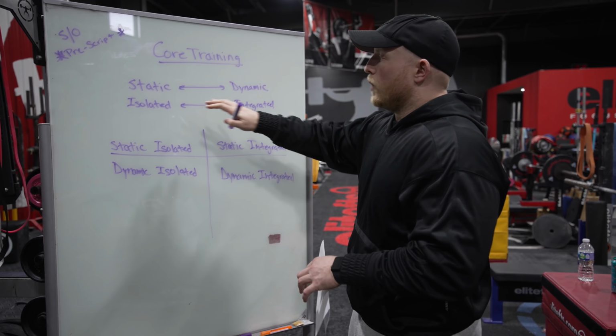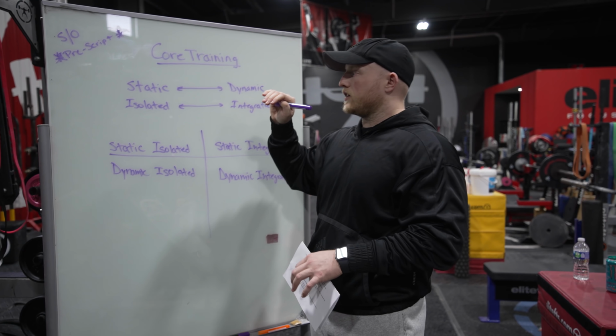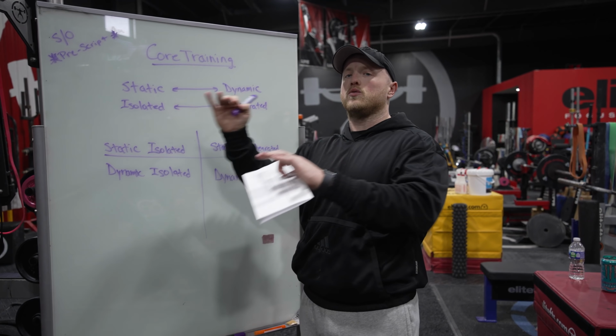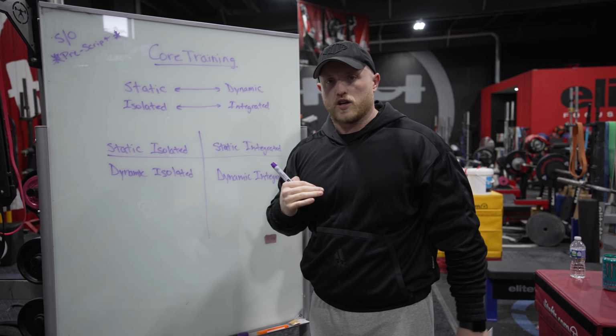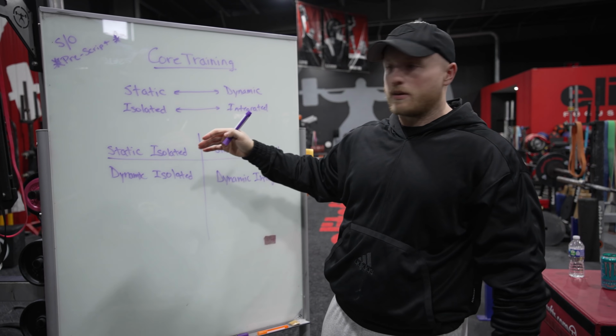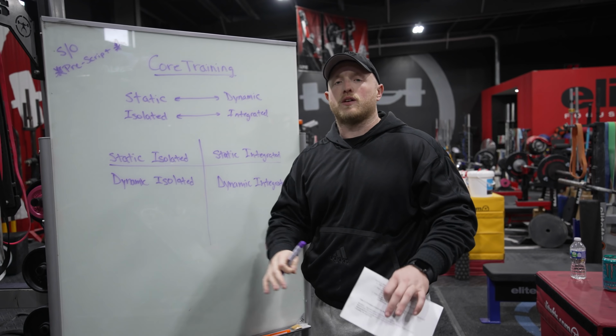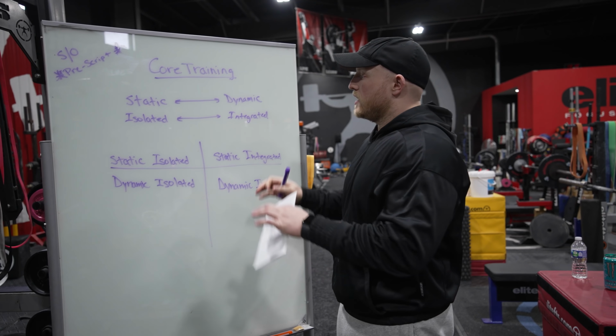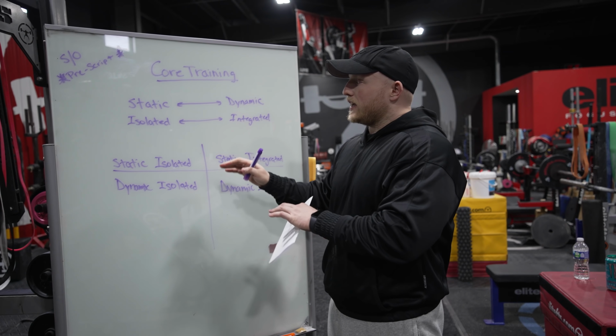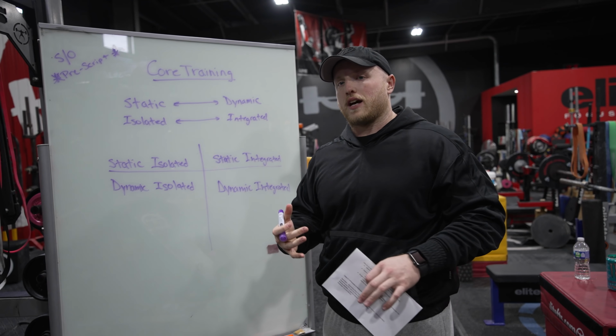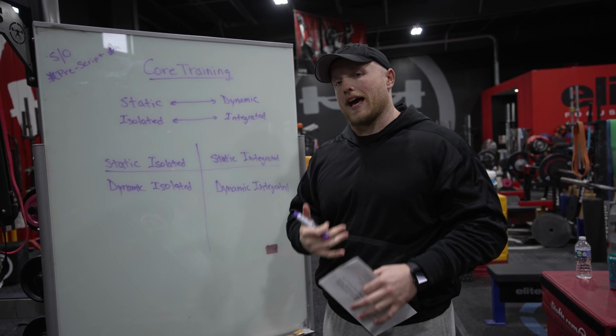So when you're talking about core training specifically, you have these 2 spectrums that you're working on. Static to dynamic, or isolated versus integrated. What that means sounds very complicated. Essentially, what you're looking at is how you are performing the exercise and the purpose of the core in that exercise.